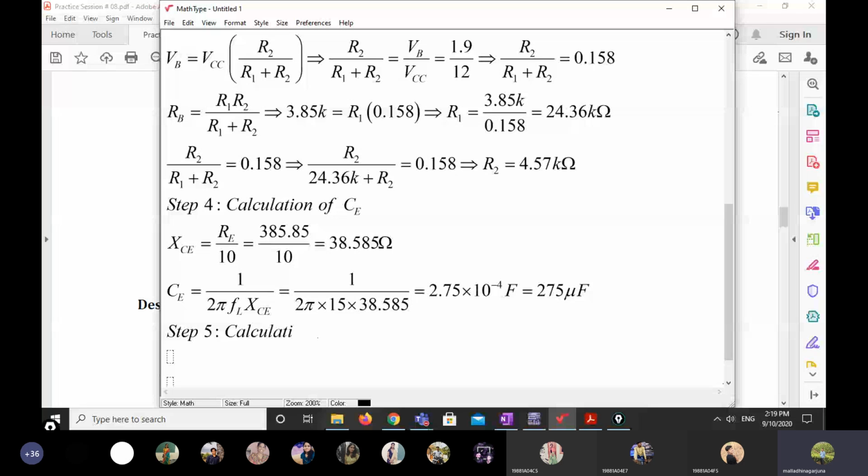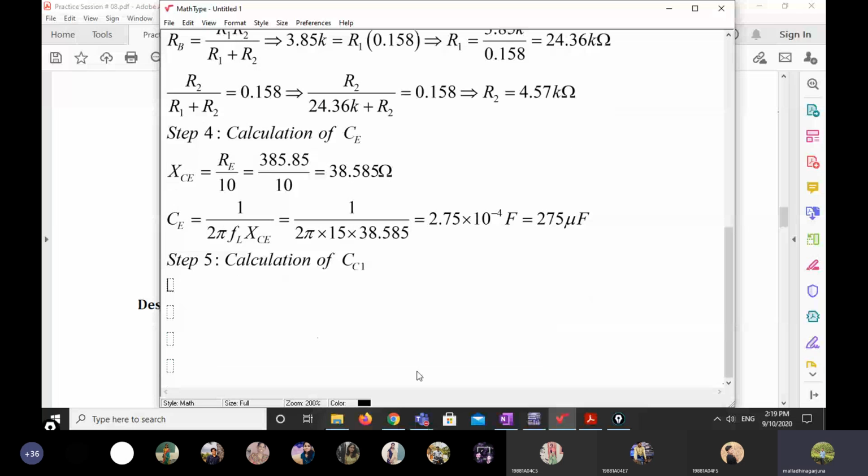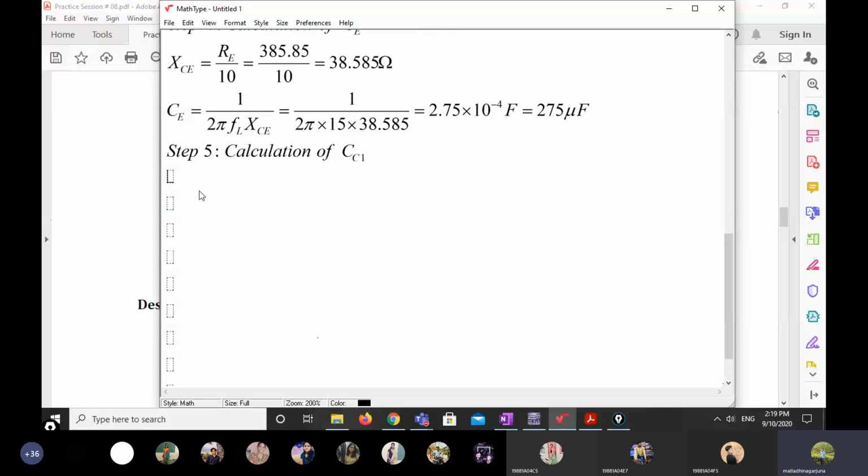Calculation of CC1. CC1 equal to 1 divided by 2 pi FL into input impedance Ri.